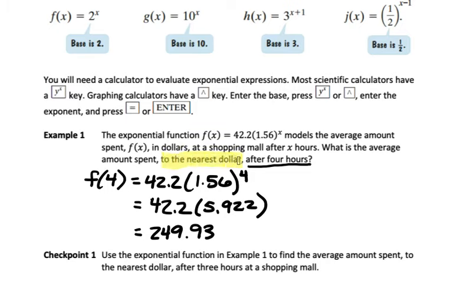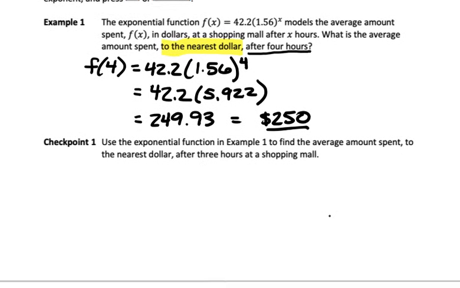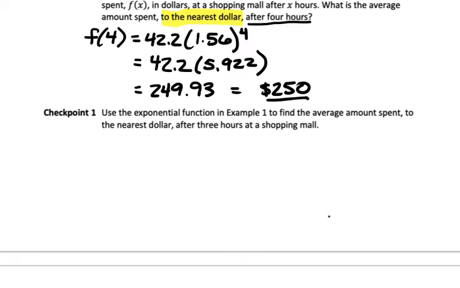In this problem, it's telling me to round to the nearest dollar. So I would round this to $250. If you don't round the way the problem asks you, then it's going to be marked wrong. So next you should look at checkpoint problem number 1. Do this in your notes, check your answer, and then move on with the video.